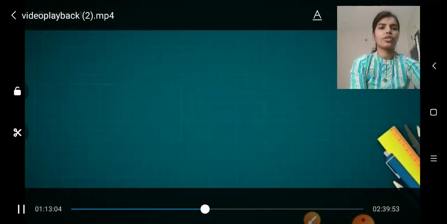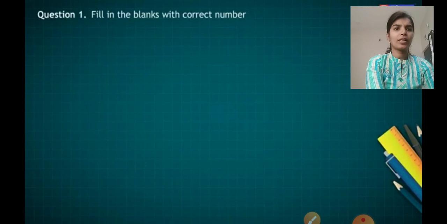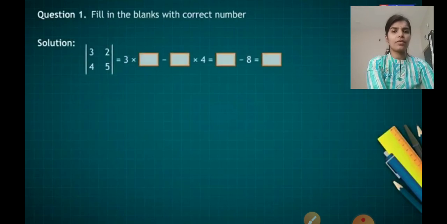Our first question is: fill in the blanks with the correct number. Here the determinant is given to you, having order 2. You see how to solve it.